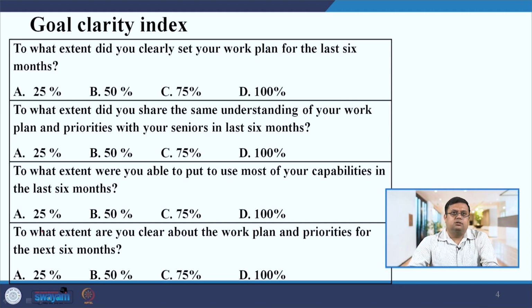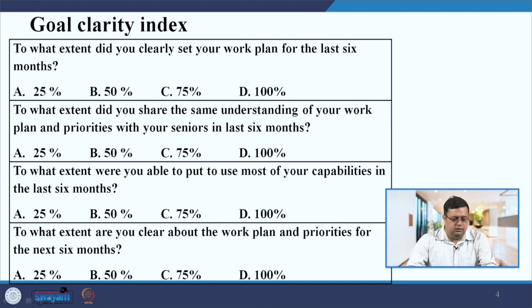So, it talks about the previous year. To what extent did you share the same understanding of your work, plan and priorities with your senior in the last 6 months? Whatever you are thinking about your goal, does your senior have the same level of understanding or not?